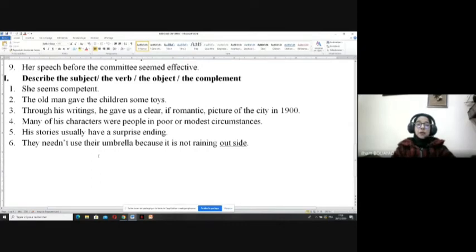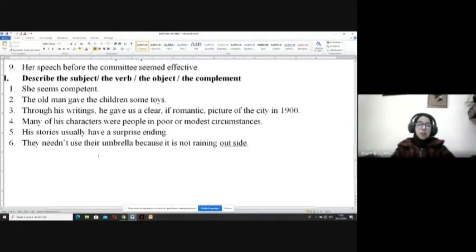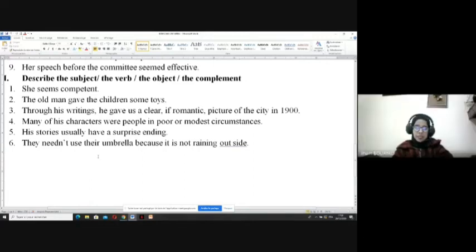So in here we have a noun phrase because we have a determiner, and then we have clear picture. The head is picture, so the head is a noun. So we're talking about a noun phrase functioning as a direct object. Do you get it? Yes, I get it. Okay, thank you.